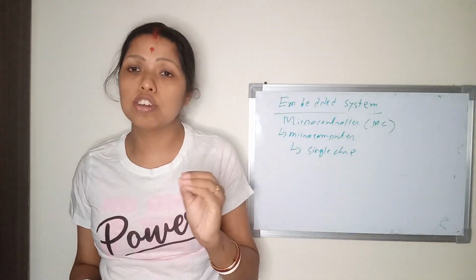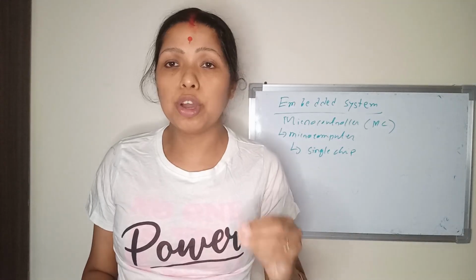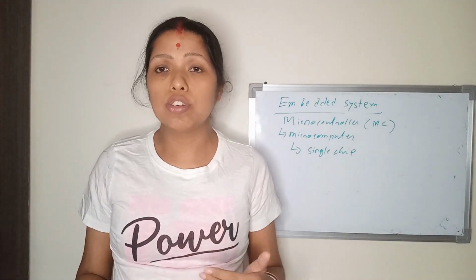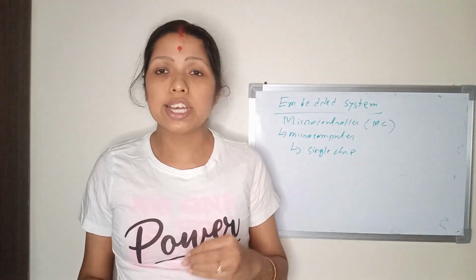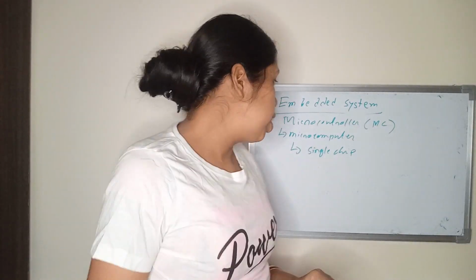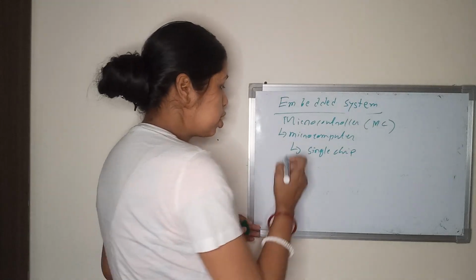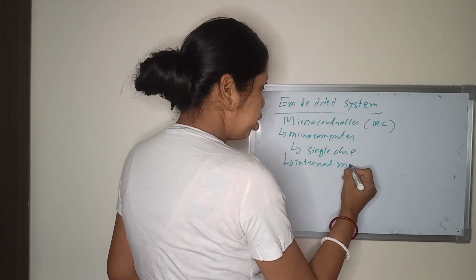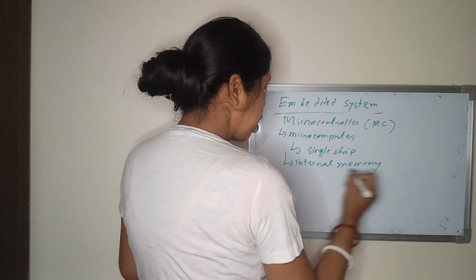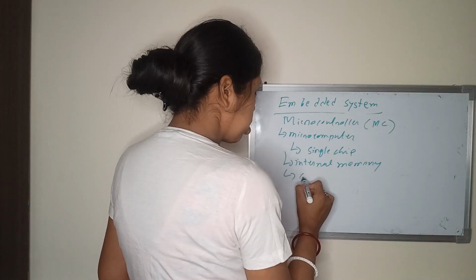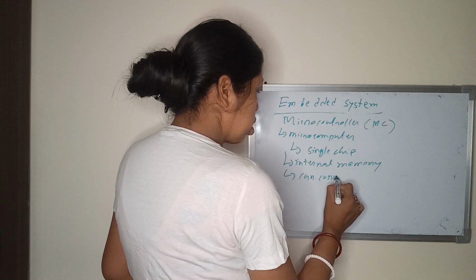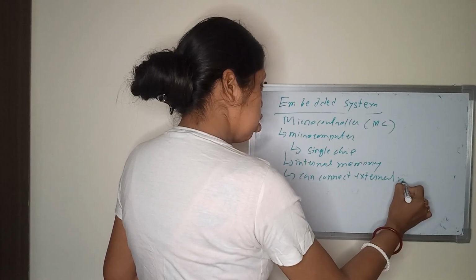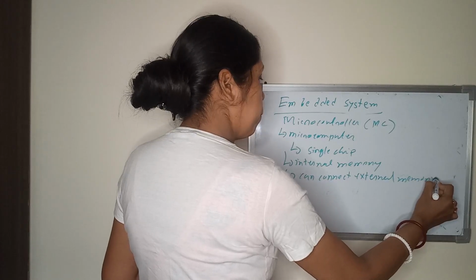Normally a microcontroller has only one semiconductor-based single chip. And apart from this, it has internal memory, some switches, and you can connect external memory.